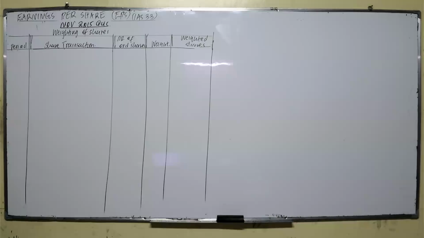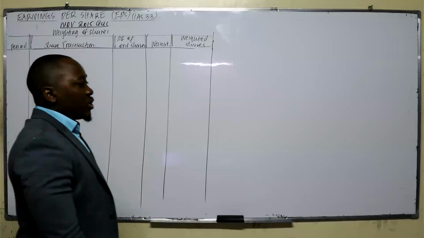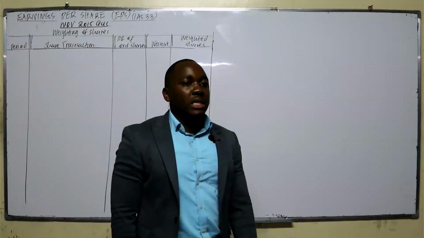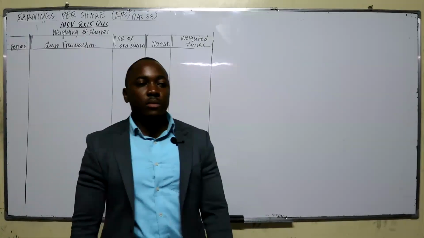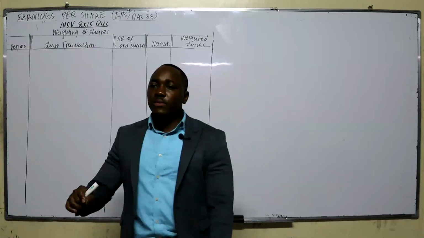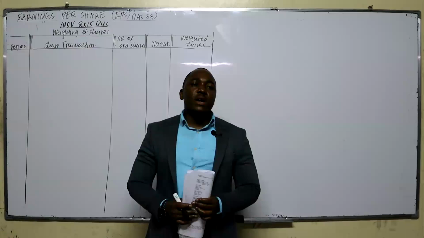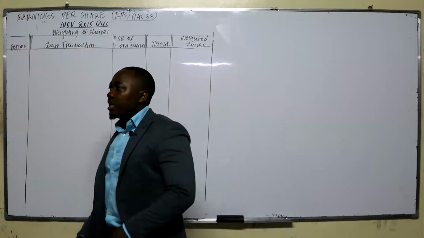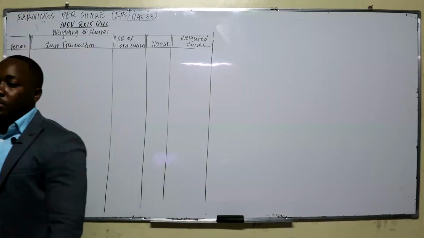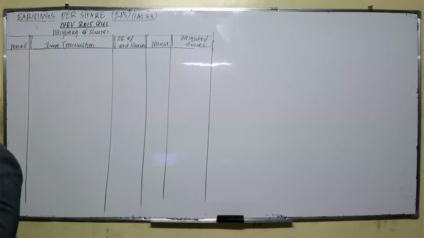Another one, ratios do not capture the qualitative aspect of the entity. Yeah, that means it only considers the quantitative, not the qualitative aspect. Good. Now, part C of the question.